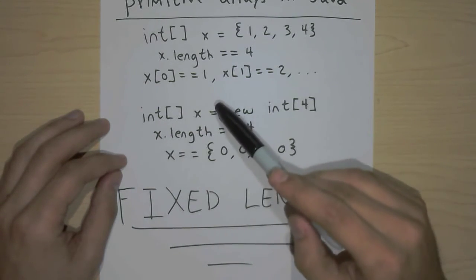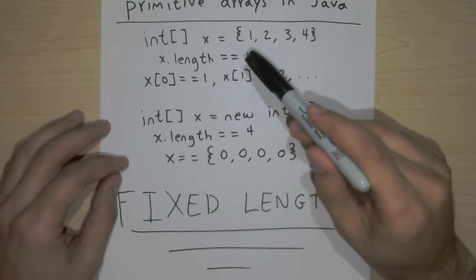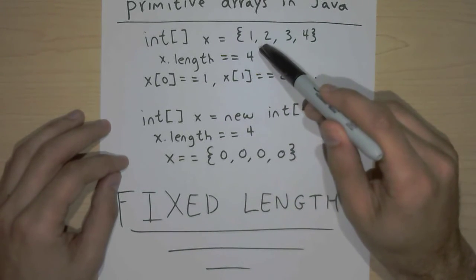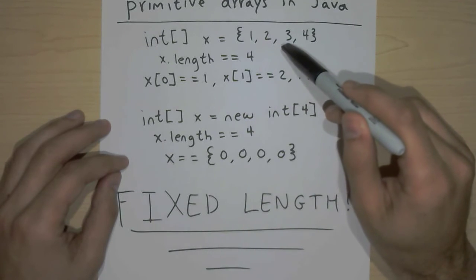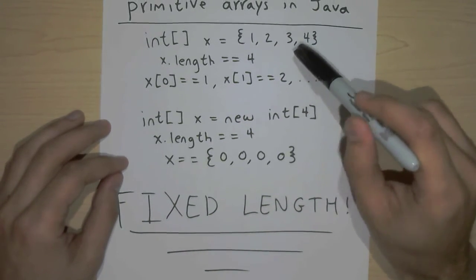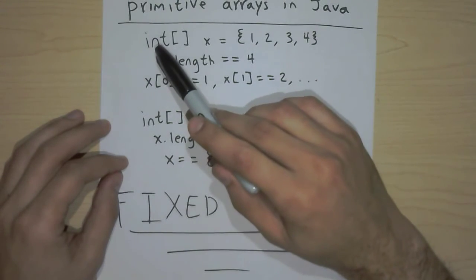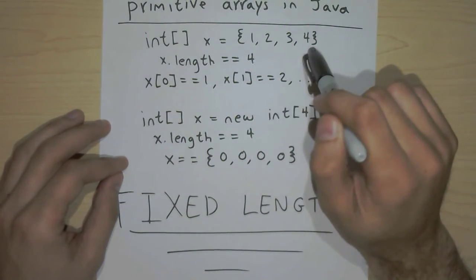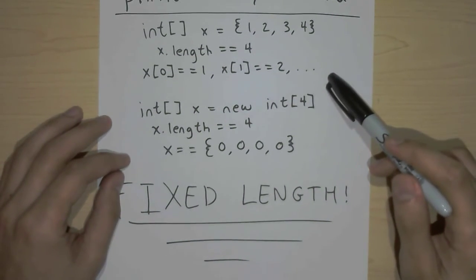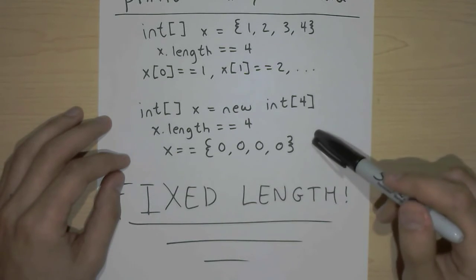You cannot have, like in Python with lists, where maybe the first element is 1, the second element is a character C, the third element is a string hello, and the fourth element is a boolean false. You can't do that. You have to figure out what data type you want to hold in the array, and you have to stick to that exact one data type. That's one restriction in Java that you didn't see in Python.